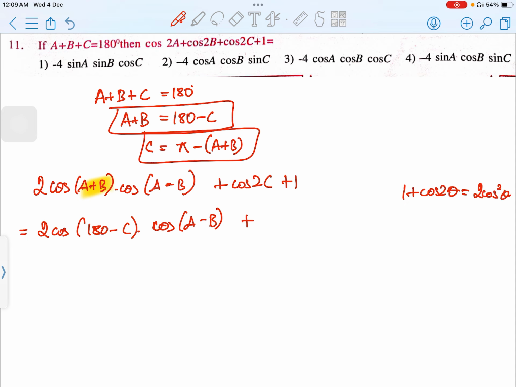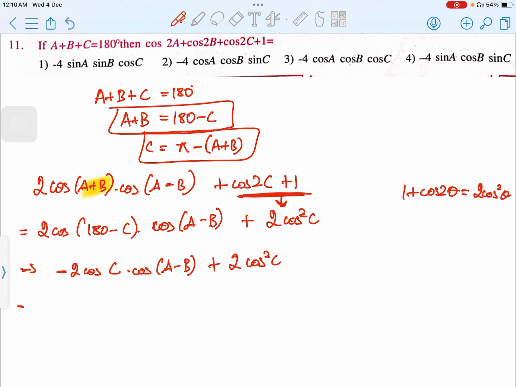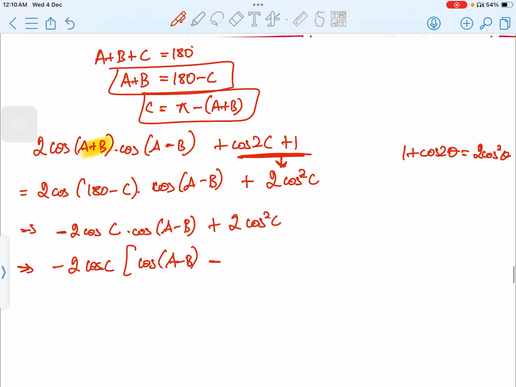So you can write 2 cos square C for the last. These two will be converted like this, and cos 180 minus C can be written as minus 2 cos C times cos of A minus B plus 2 cos square C. So from everything, if you take 2 cos C, you will get cos of A minus B minus, because we are taking minus common out, 2 also went out, you get cos C.